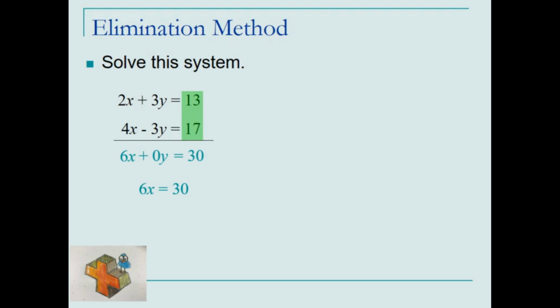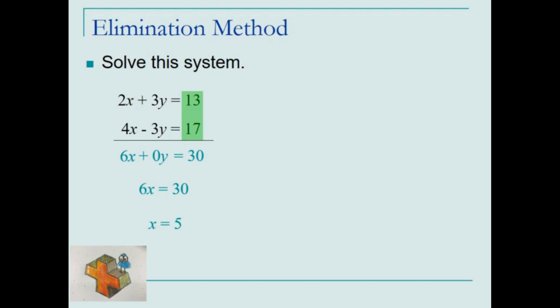By adding these two equations together, we now have one equation with one variable, which we can readily solve by dividing both sides by 6 and giving us a solution of x equal to 5.